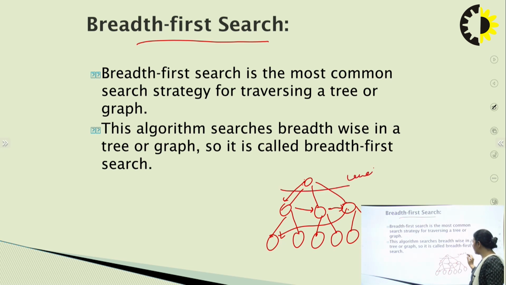If this is level 0, then this is level 1, then this is level 2. So we can say that it searches according to the level. It explores all the nodes on level 0, then all the nodes on level 1, and so on.